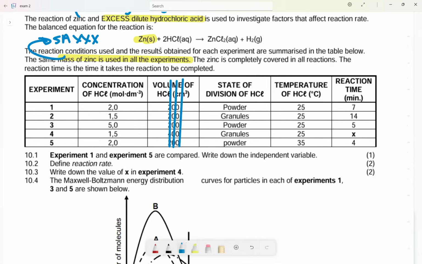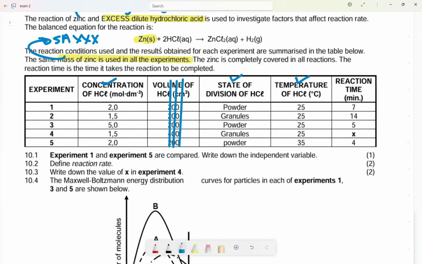We say a comparison is unfair if the experiments that we are comparing have 2 independent variables. Remember, the topic that we are dealing with here is reaction rate. So the dependent factor is the reaction rate, the rate of reaction. The independent factors are concentration, state of division, as well as temperature.